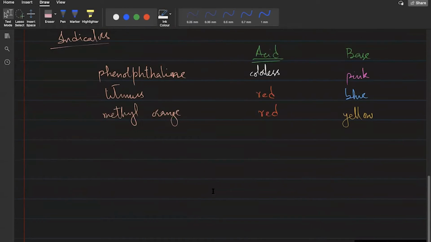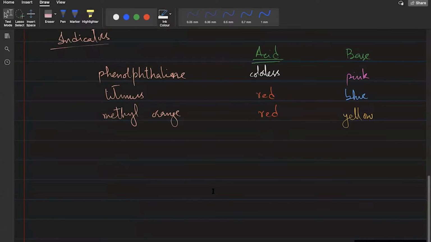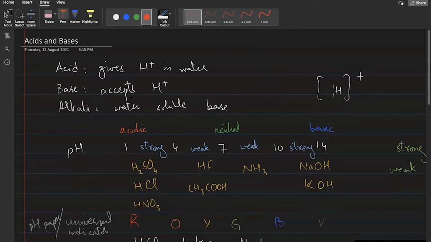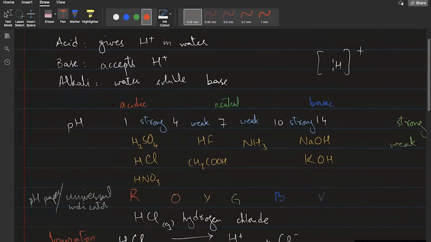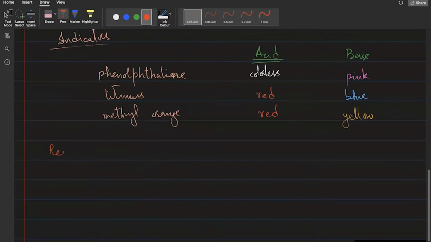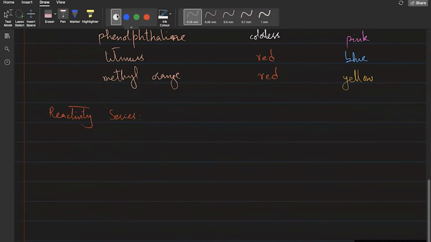All right, so now let's see how acids take part in reactions. What are the reactions of acids? Again, you need to refer back to the definition every time you see something like this. Another important thing to remember in this kind of chapter is the reactivity series, which is also sometimes called the electrochemical series. The reactivity series is simple.